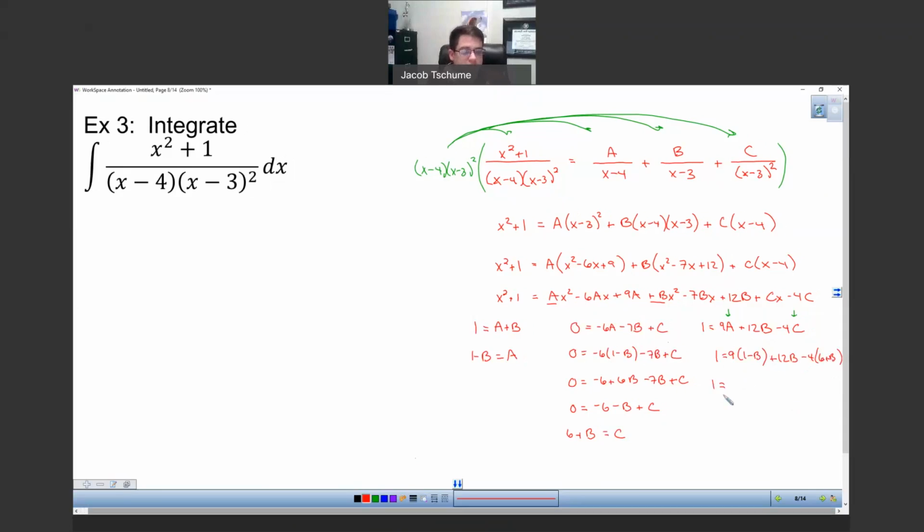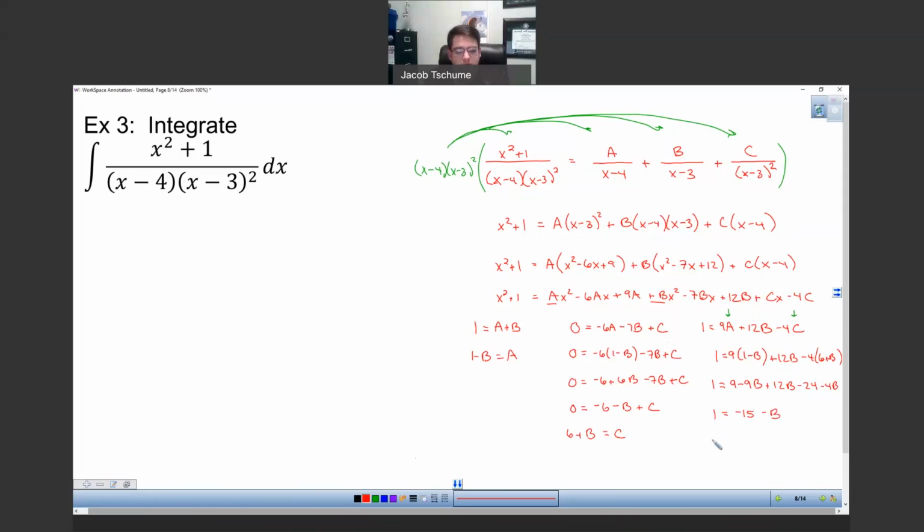Work this out, and you'll get 9 minus 9B plus 12B minus 24 minus 4B. All right, so let's see. There's a 9 minus a 24, so that's going to be a negative 15 in this case. Then if you put all of your B's together, you're going to get, let's see, that's 3B, that's minus B.